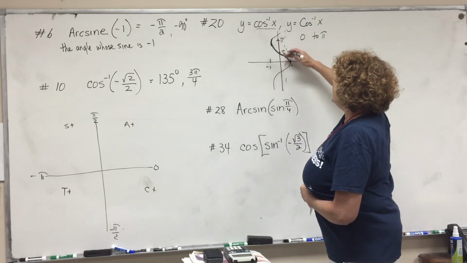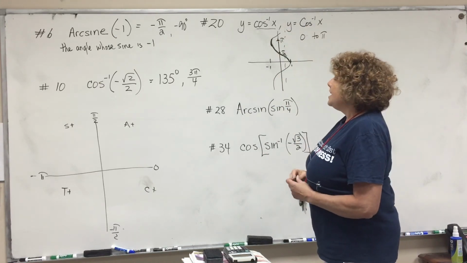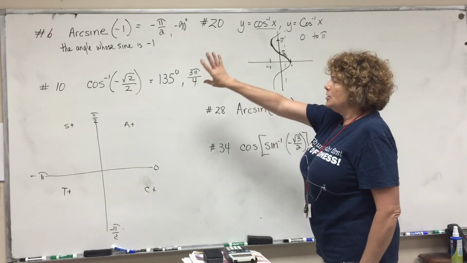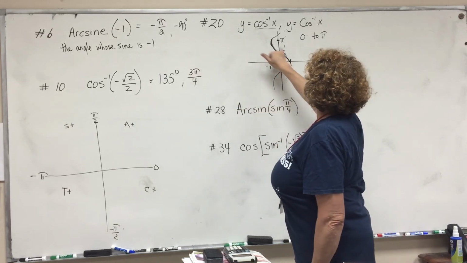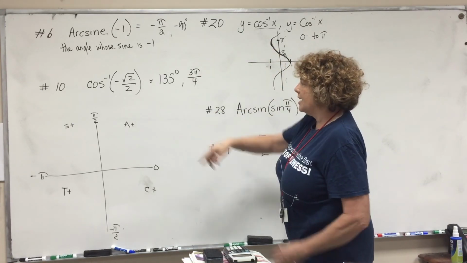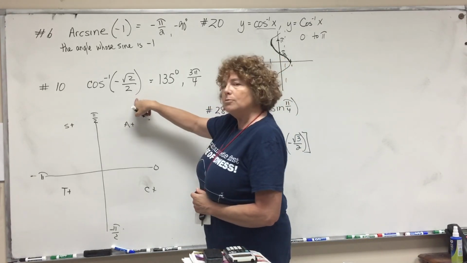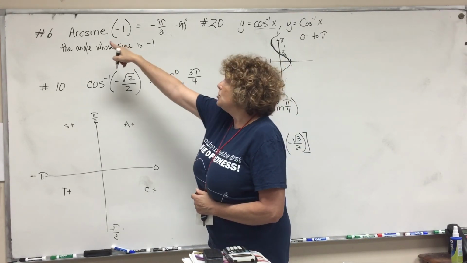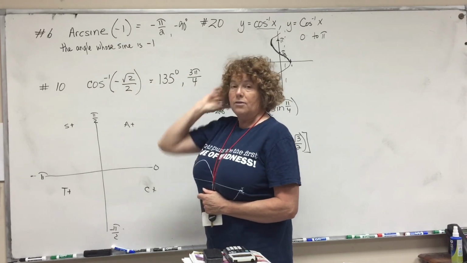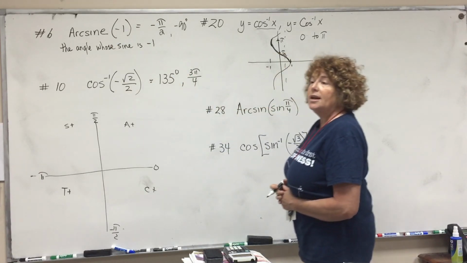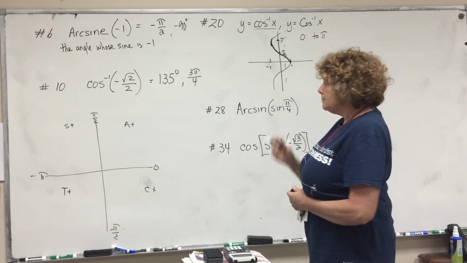That's why your answers to these problems can only be between 0 and pi for cosine. And the answers to sine can only be from pi over 2 to negative pi over 2, and tangent, same thing.